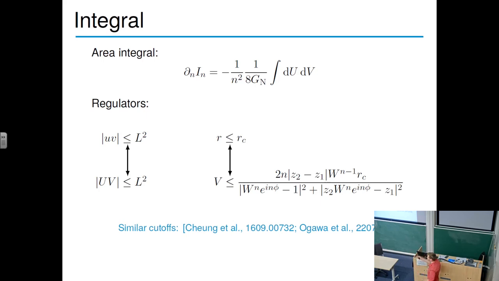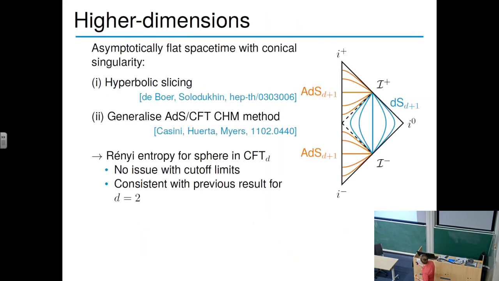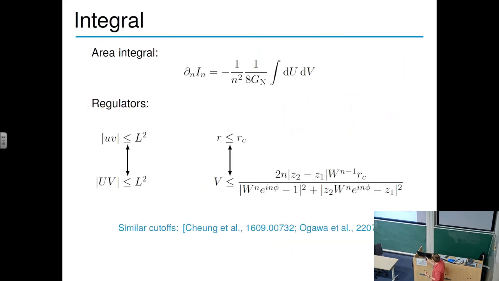In wedge holography, they essentially have some end of the world branes, and they're doing holography for the region between them. One of the end of the world branes is essentially on this cutoff L that we have. They need to have some tension on the brane, and they work out the correct tension for the Neumann boundary conditions. And so we also place this, and with all these boundary conditions, evaluating the action with this funky cutoff here, we also get the same result for the Rényi entropy. So this is one approach where we did commit to boundary conditions.